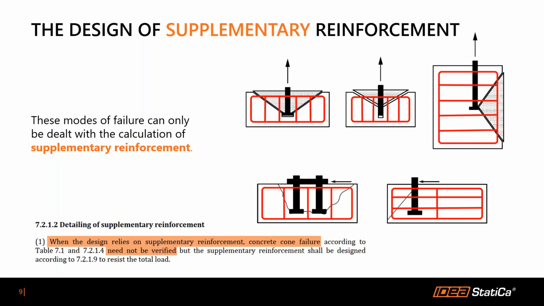The second solution is to insert reinforcement. That usually is there already, right? The code says that if you insert the reinforcement, that prevents the concrete breakout, and you don't have to deal with that.